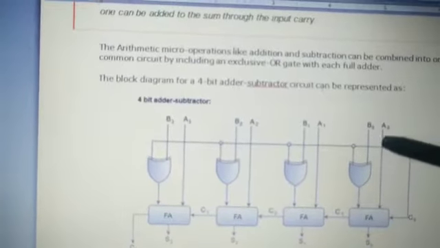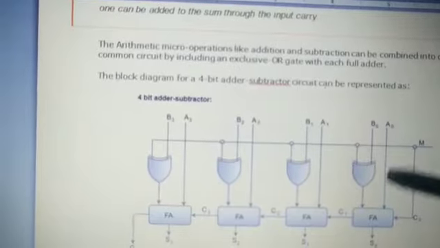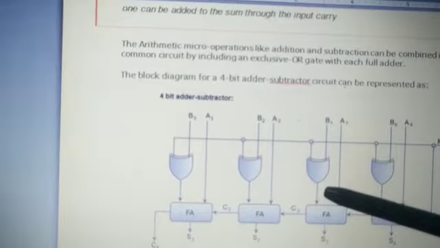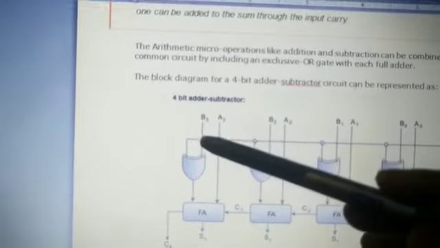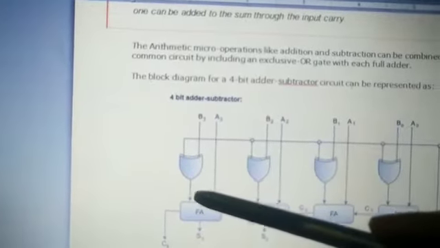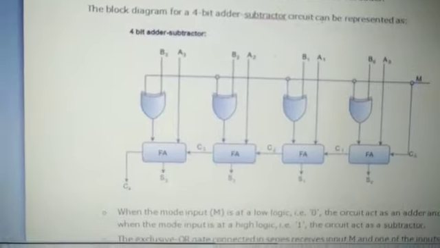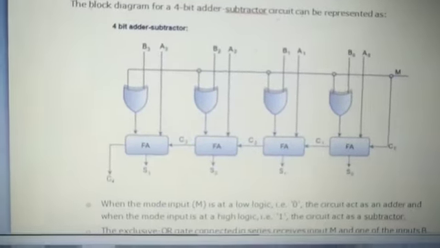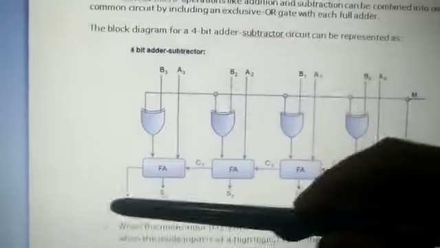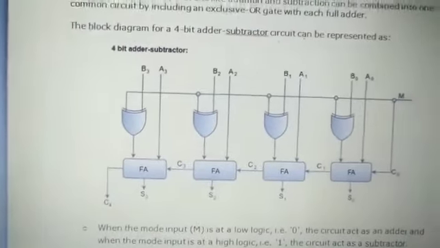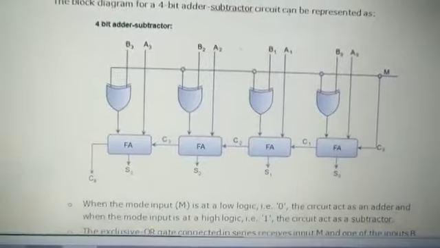Then the second complement of B0 is added to A0, the second complement of B1 is added to A1, the second complement of B2 is added to A2, and the second complement of B3 is added to A3. In this way we are doing the addition and propagating the carry. C4, or you can say C out, is our final carry output.